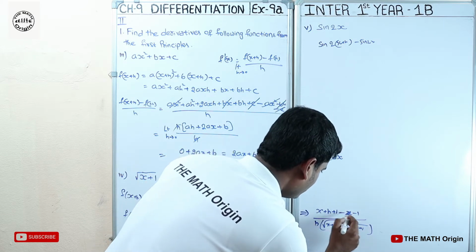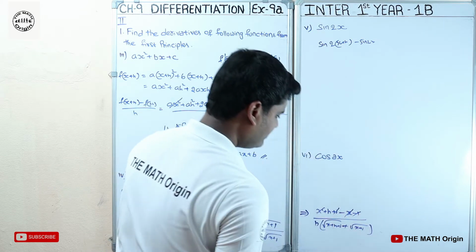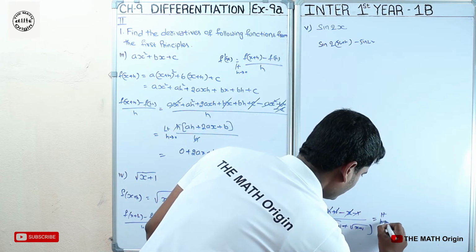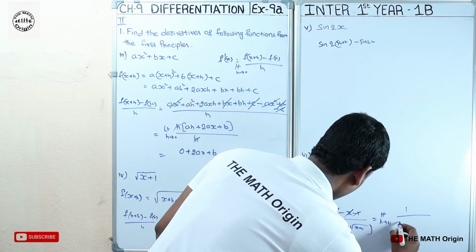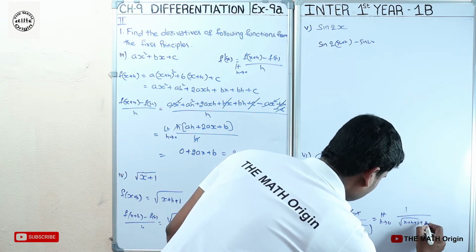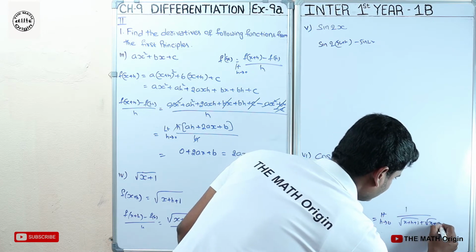Okay, now in the numerator minus 1 plus 1 is cancelled and h is cancelled. Therefore that is equals to limit h tends to 0, 1 by root of (x plus h plus 1) plus root of (x plus 1).